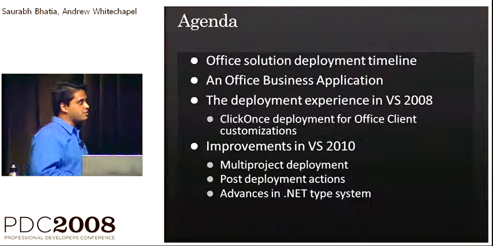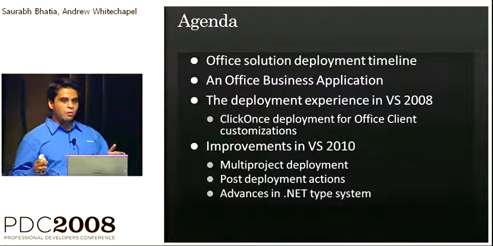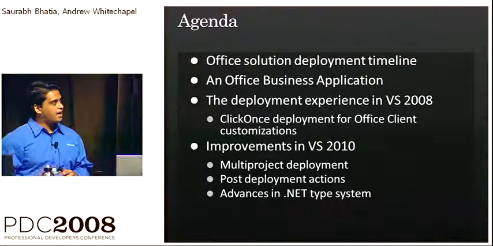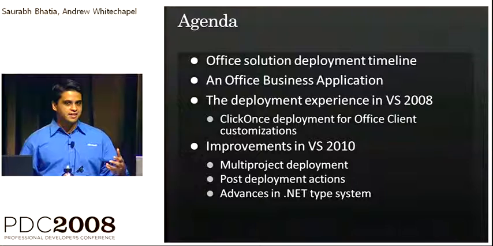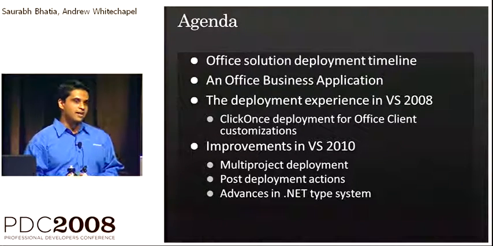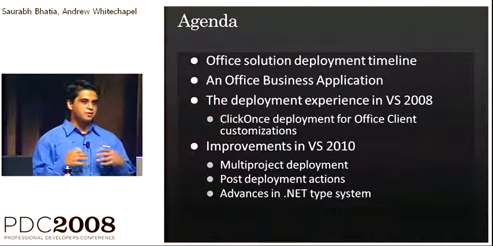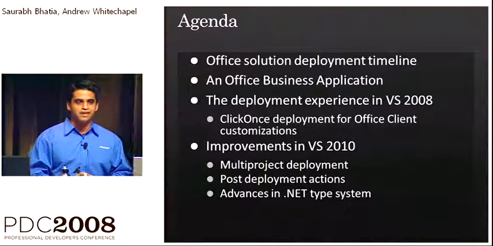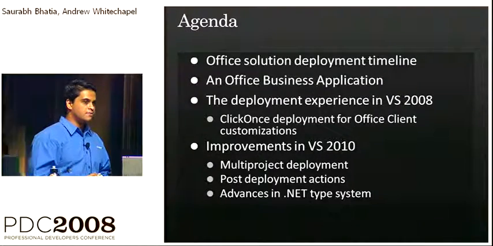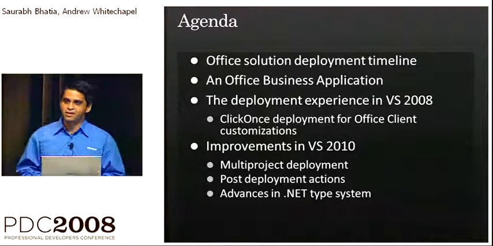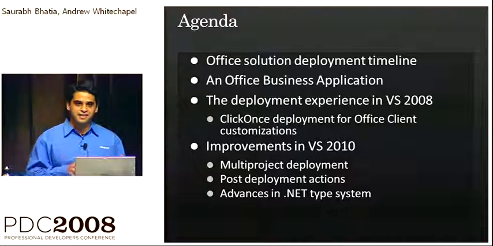So first, I'll give you a quick overview of where deployment was, where it is, and what we plan to do with it. And in order to tell the story in more detail, we'll take a look at a sample Office business application, which I think captures some of the generic pain points of deployment that exist in this space. So first, we'll deploy the sample application using existing technology in Visual Studio 2008.